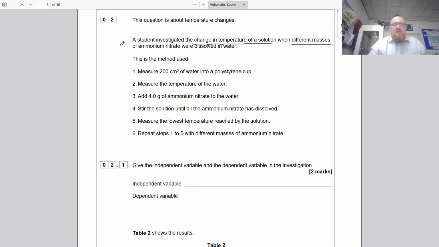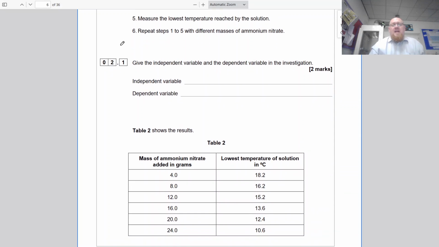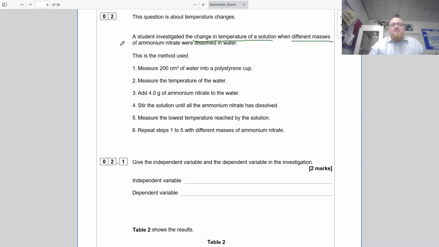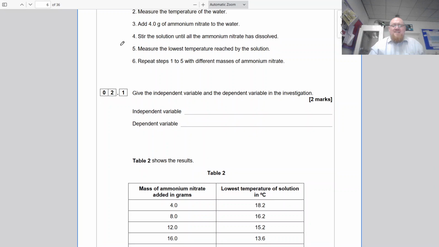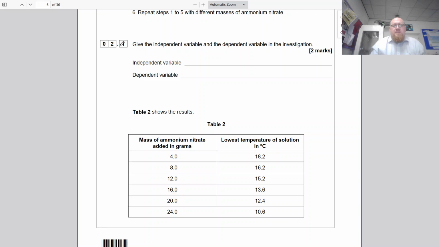So it gives you a method, and then it asks that first question: give the independent variable and the dependent variable in this investigation. It says it's investigating the change in temperature of a solution and masses. We've got a table here which has mass of ammonium nitrate in grams and lowest temperature of the solution.